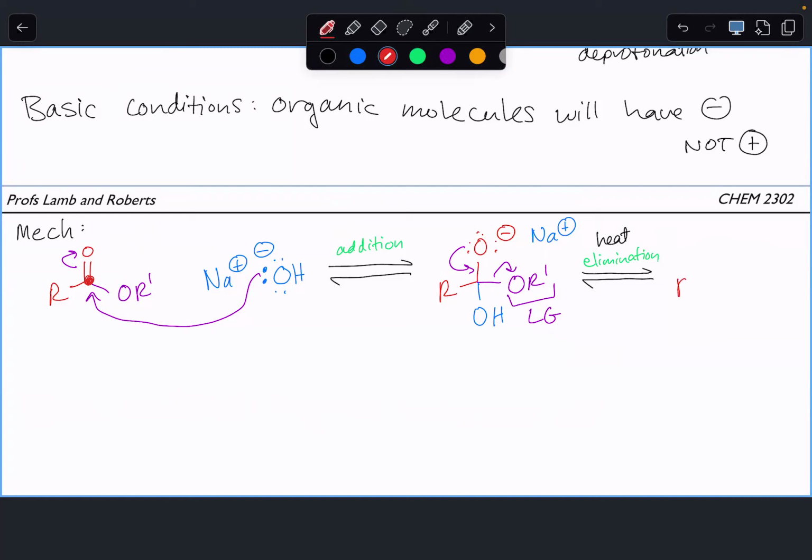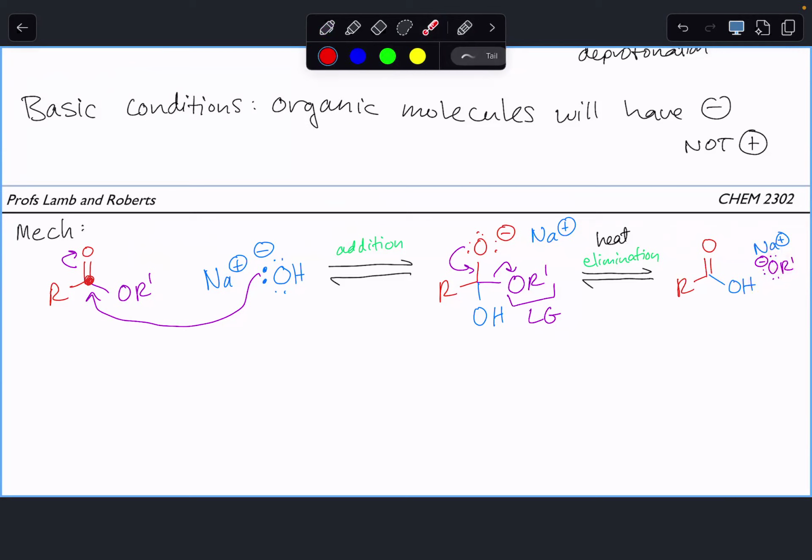We reform our carbonyl. We make our carboxylic acid. We have this OR minus, but that OR minus is still very basic, right?